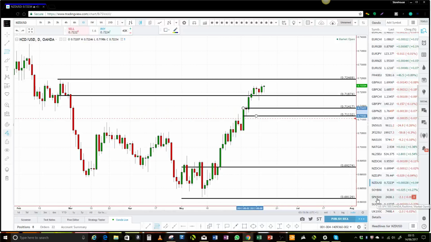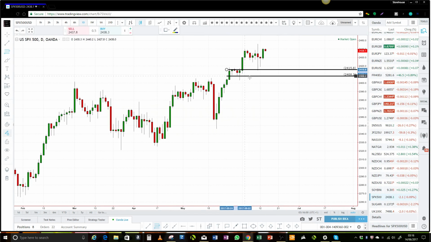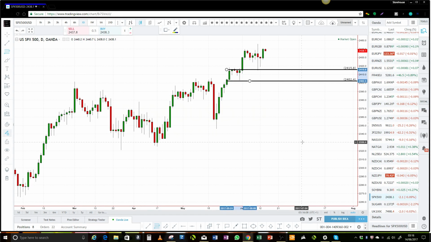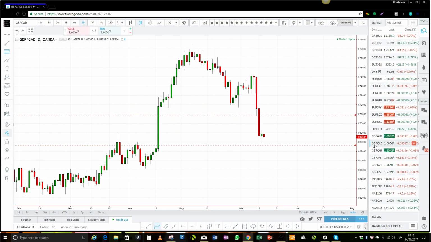Let's take a look at the S&P 500. Now, this was a zone that we had marked off from a few days ago. It looks like it's already played out. That one's done. There's nothing above, by the way, for the S&P 500, so demand zones are still the norm to be bought.